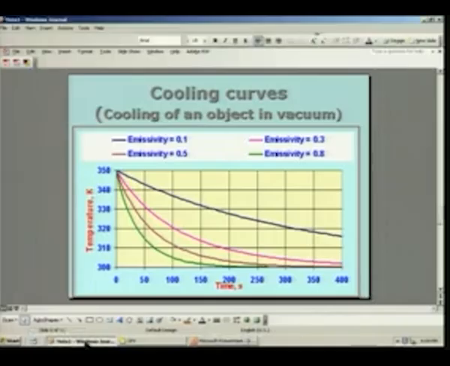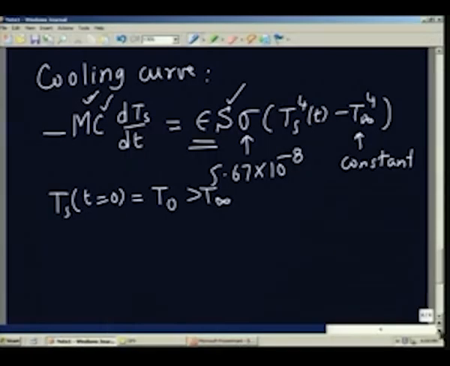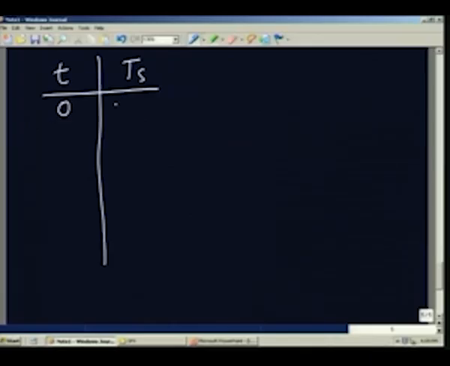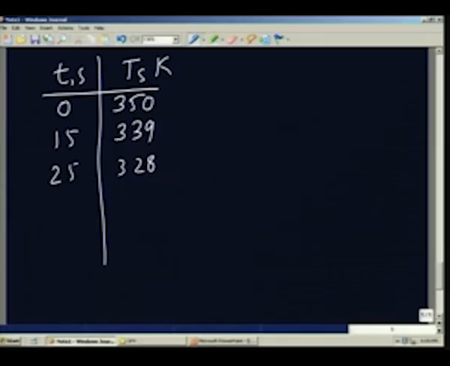If I measure the temperature as a function of time, I can prepare a table like this: time versus the temperature T s. At 0 it was, let us say, 350 Kelvin, at 15 seconds 339, at 25 seconds some 328, things like that. So, you make a table like this.